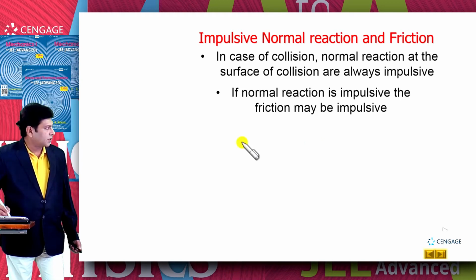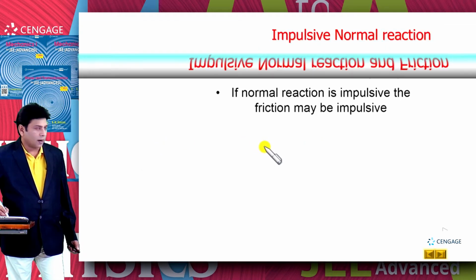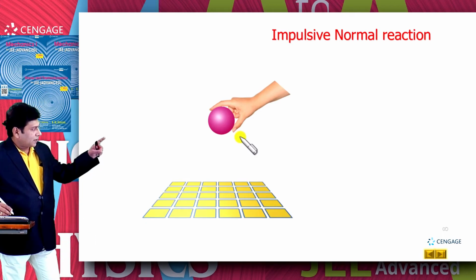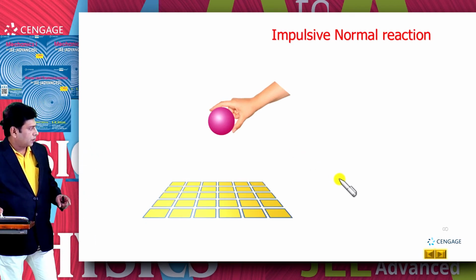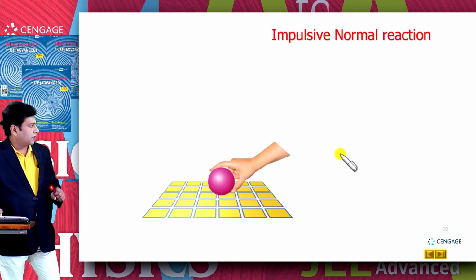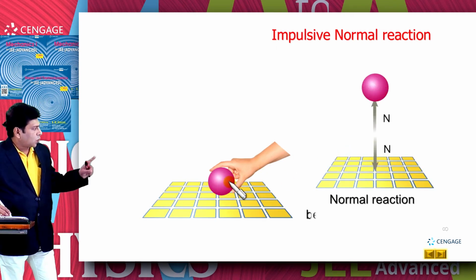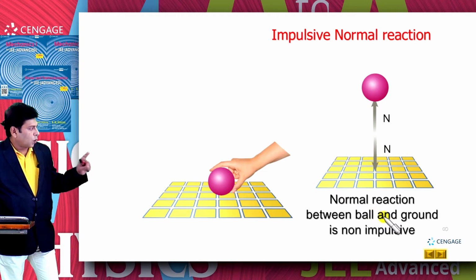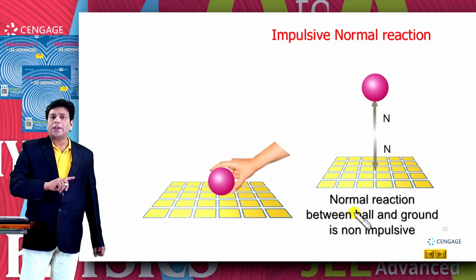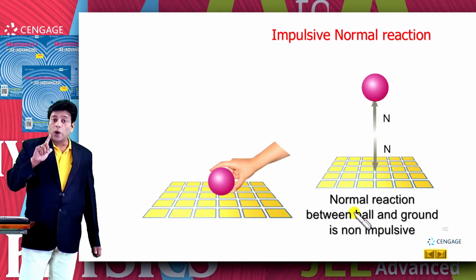As we discussed, let us observe this through a diagram. You can observe in this diagram, if I place this ball gently on the ground like this, at the contact between the ball and surface there will be a normal reaction. And this normal reaction is non-impulsive. Why non-impulsive? Because this normal reaction is finite and it is always equal to mg.